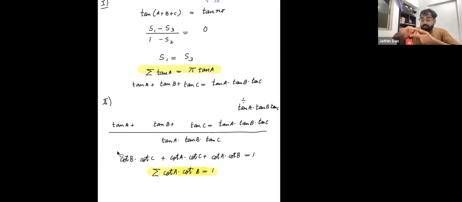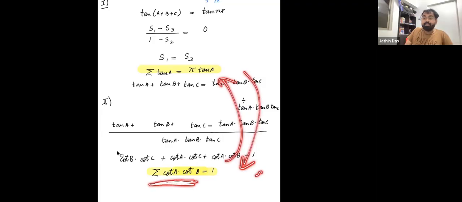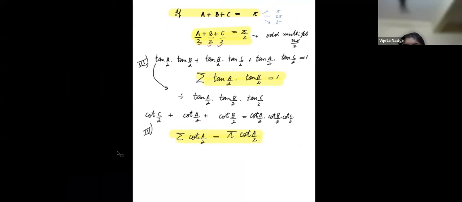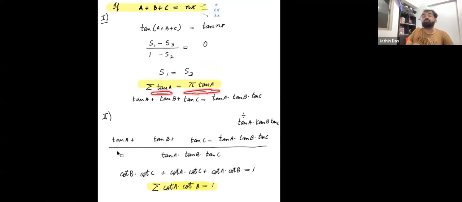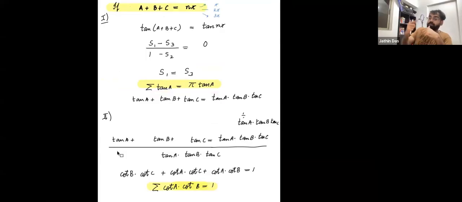But when I'm playing with A by 2, this will be completely reversed. That means tan's S2 will be 1, and the sum of cots and product of cots will be equal. When I'm playing with A by 2, tan and cot roles will reverse. That's how I do it.